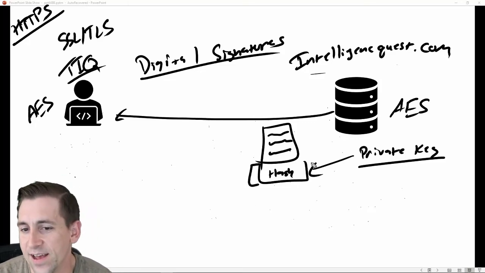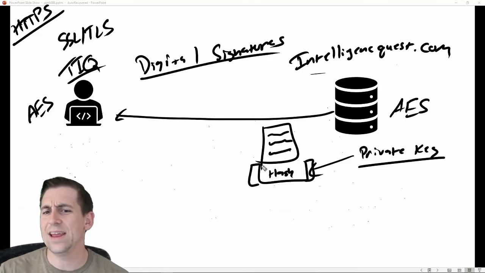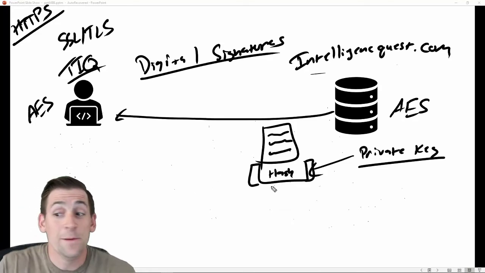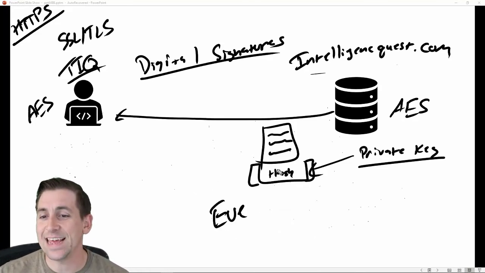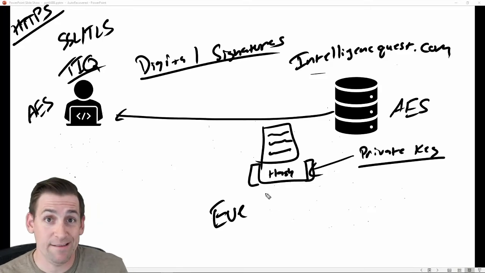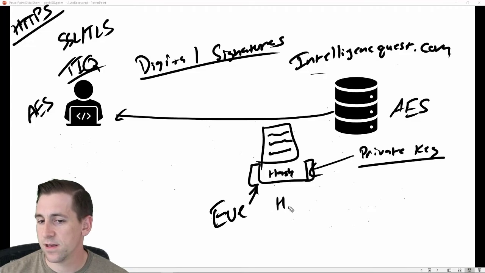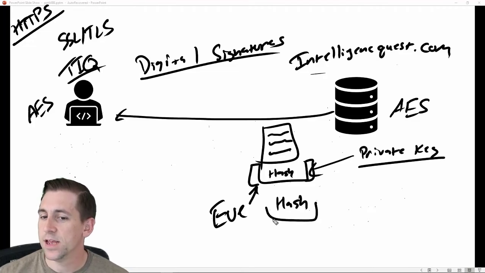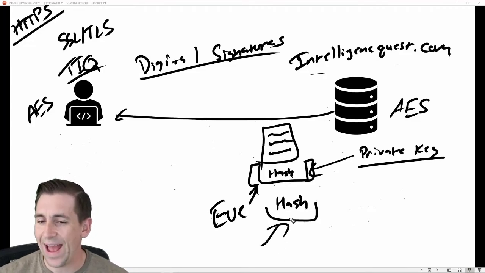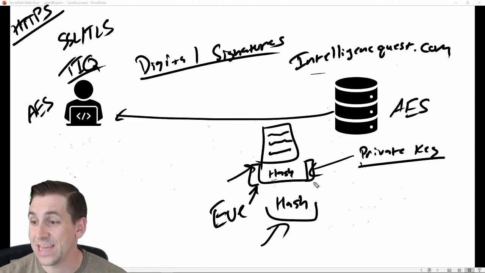It is now encrypted with a private key, and then you would say, well, anyone with the public key can decrypt this hash. I agree with you. Even if Eve is listening in and knows Intelligence Quest's public key, which is fine, she can decrypt this hash and look at it, but she cannot re-encrypt a new hash and slap it on this message because she doesn't have this private key to do that with.